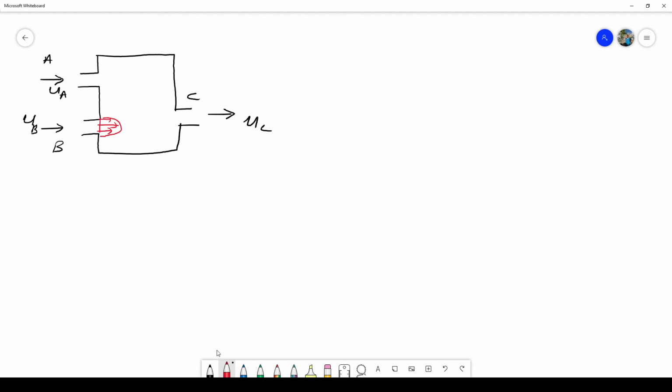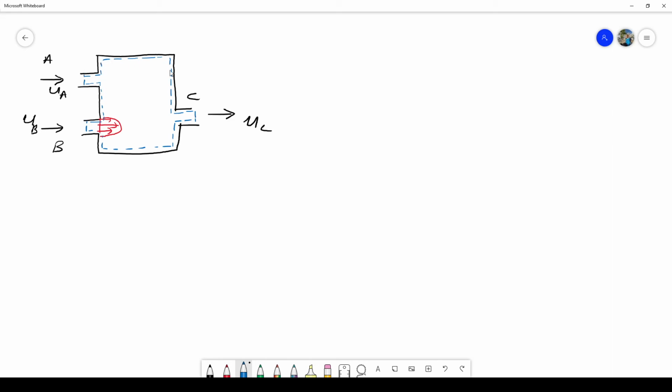What we first need to do is define the control volume. We need to know where the control volume of this system is, and for a control volume we need to know the boundaries. So we can draw something like this, just to define: this is our inlet station, this is another inlet, and this is the outlet.